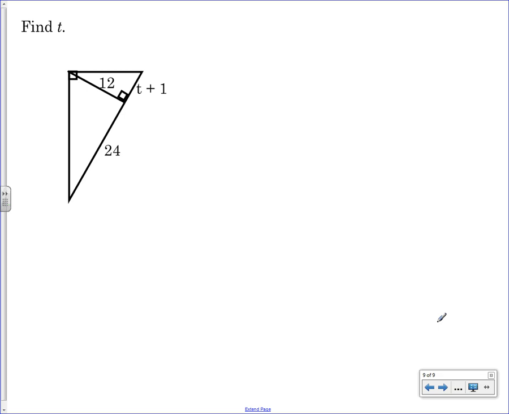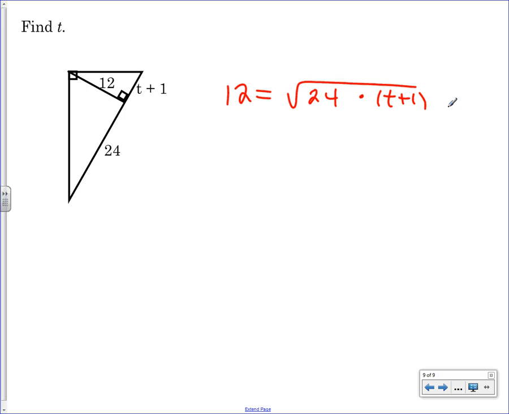So altitude equals geometric mean of the numbers that it created, the pieces that it made. So what is the altitude here? 12, equal to the geometric mean, so something times something under a square root sign, of the two pieces that it made. So the 24 and the t plus 1. That's how you set it up.